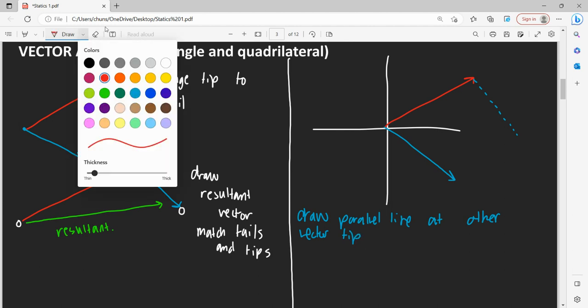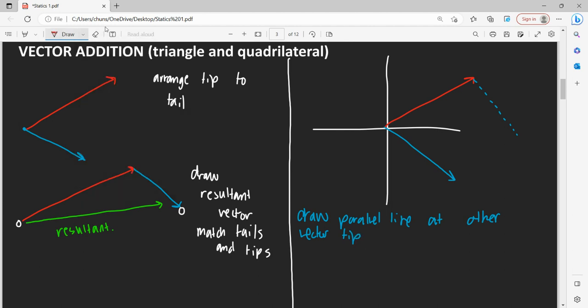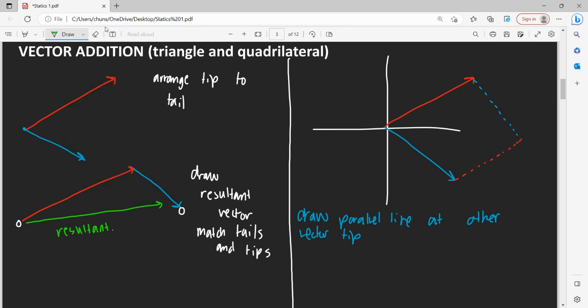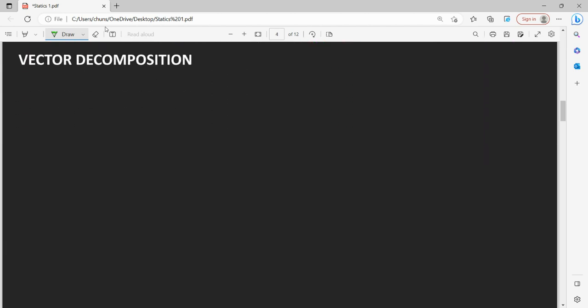And now we want to do the same thing. Draw a line parallel, starting from the other vector's tip, and we want to connect it. So now we have a quadrilateral, and what we're going to do, we are going to take our resultant force, starting from origin to the intersecting corner, is our resultant force. Right, so different ways to go about solving that.